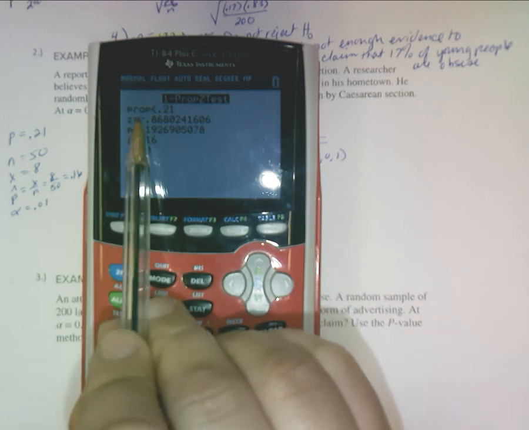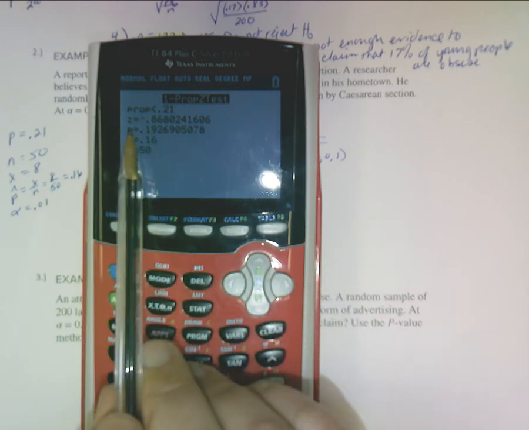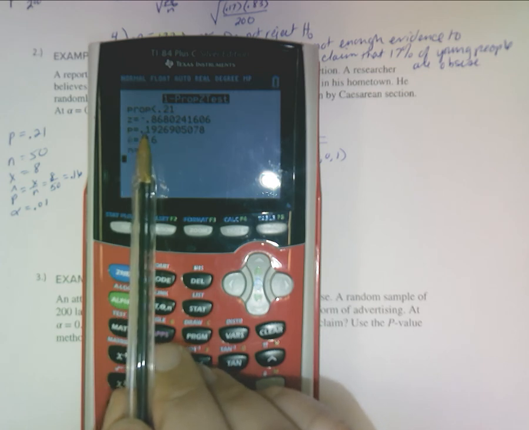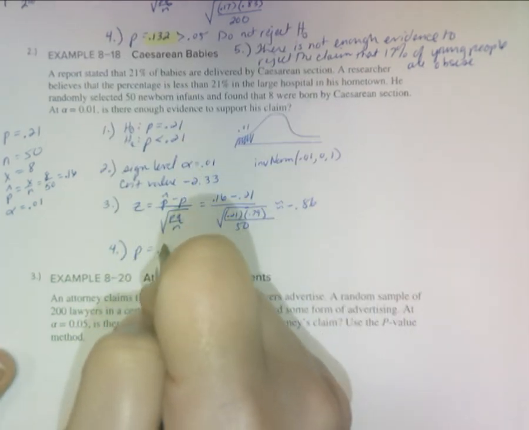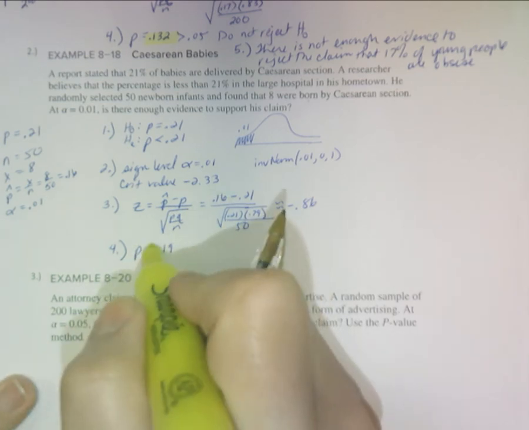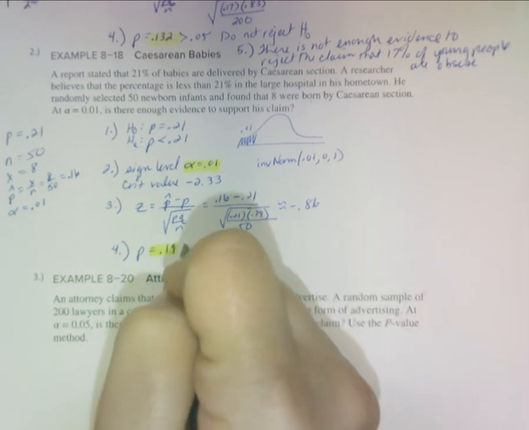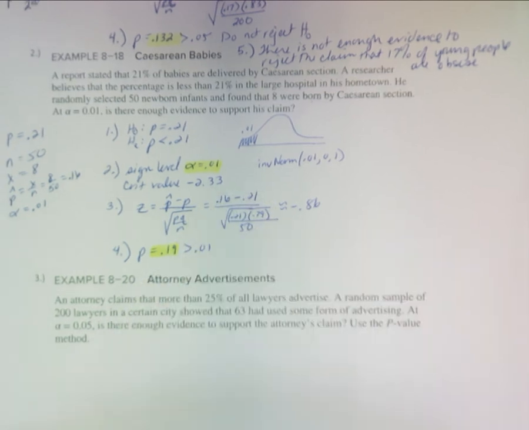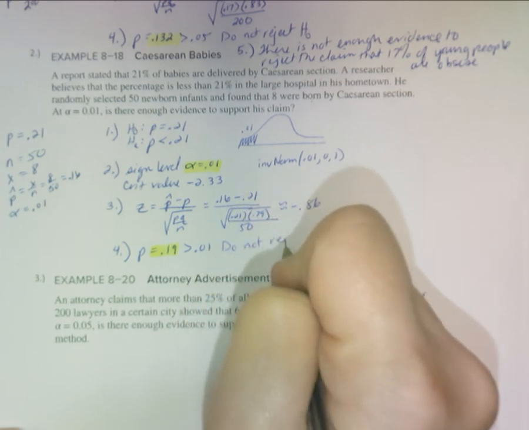Look at that. My Z was negative 0.86. My P value, this is what step 4 is, P equals 0.19. Is that greater than or less than my significance level? That is way greater. 0.19 is way bigger than 0.01. So do not reject. You only reject if it's low.